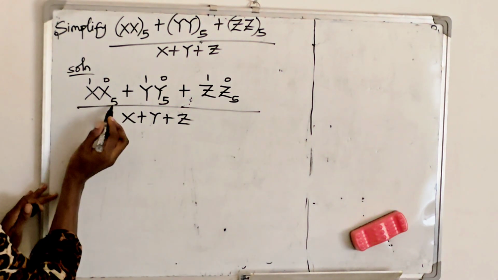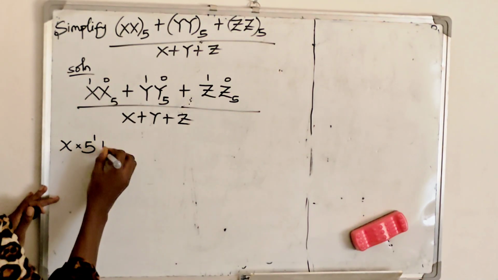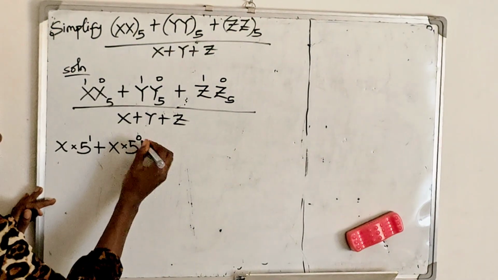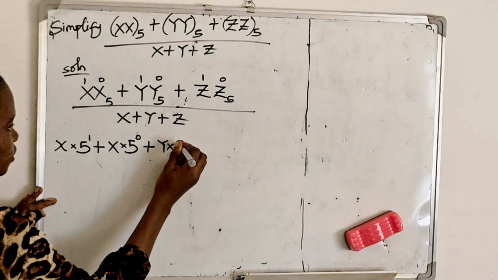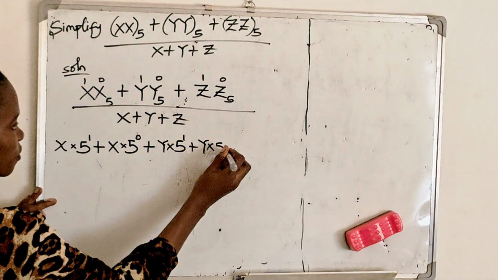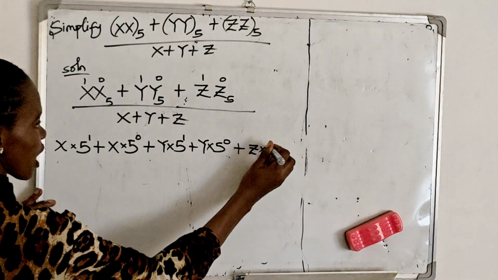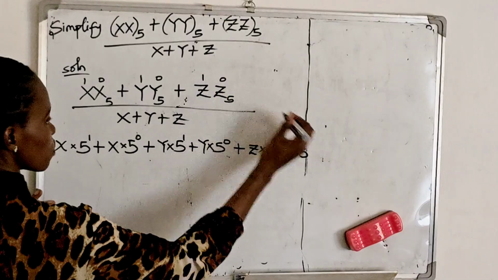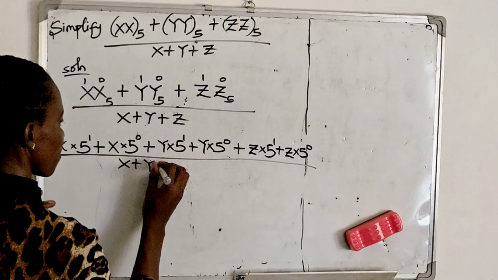This means x times 5 raised to the power of 1 plus x times 5 raised to the power of 0 plus y times 5 raised to the power of 1 plus y times 5 raised to the power of 0 plus z times 5 raised to the power of 1 plus z times 5 raised to the power of 0, all over x plus y plus z.